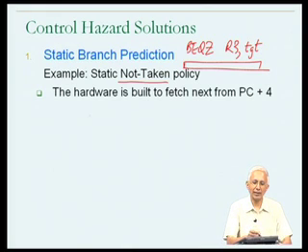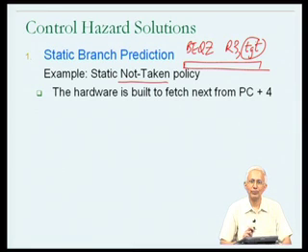And therefore, what that boils down to is building the hardware to automatically fetch from the next instruction, not from the target, but from the fall through path. So, that is the idea of the static not taken policy. Build the hardware to automatically fetch from the next instruction. In this slide, I am denoting this as PC plus 4. We may correct that, but essentially what we are talking about is the next instruction.